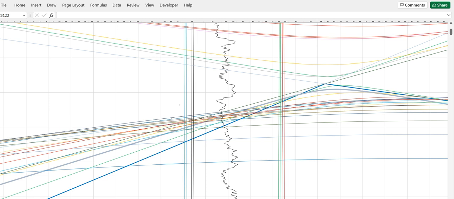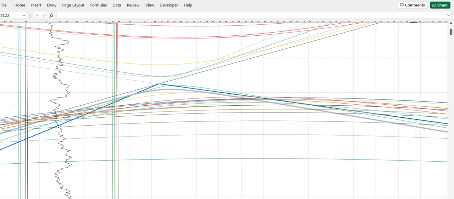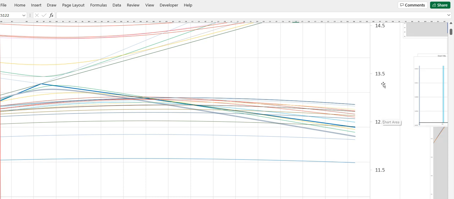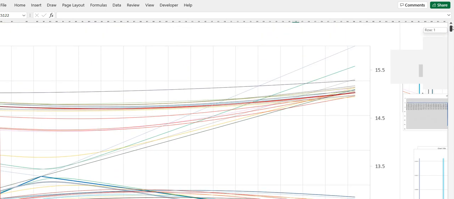Let me see if I can scoot over here. I want you to see the secondary axis. The numbers on the secondary axis are the hour of the day in military time with decimal hours. So that would be, let's see, 13.5. That would be 30 minutes after 1 o'clock. And the very top is 4 o'clock.